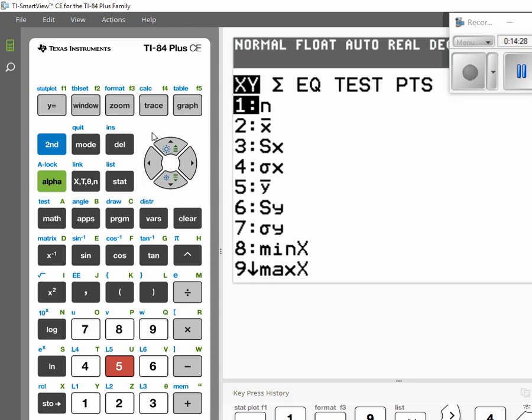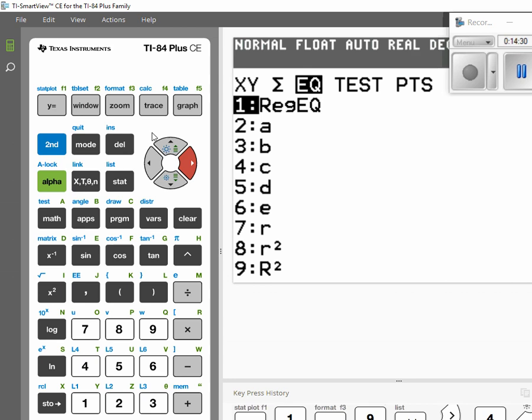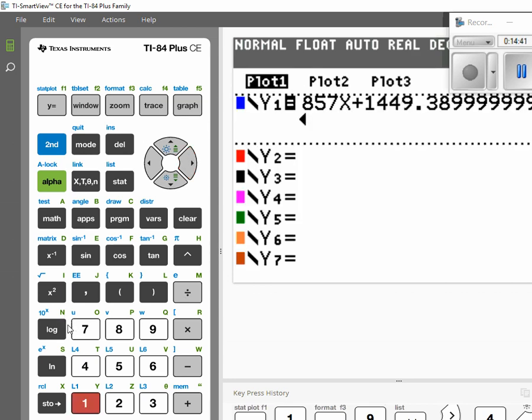We're going to toggle over to the equation. And it's going to paste that regression into my y1. Do you see? There it is right there. Do you see if I go to the right? That's that whole thing. It pasted it all in there for me.